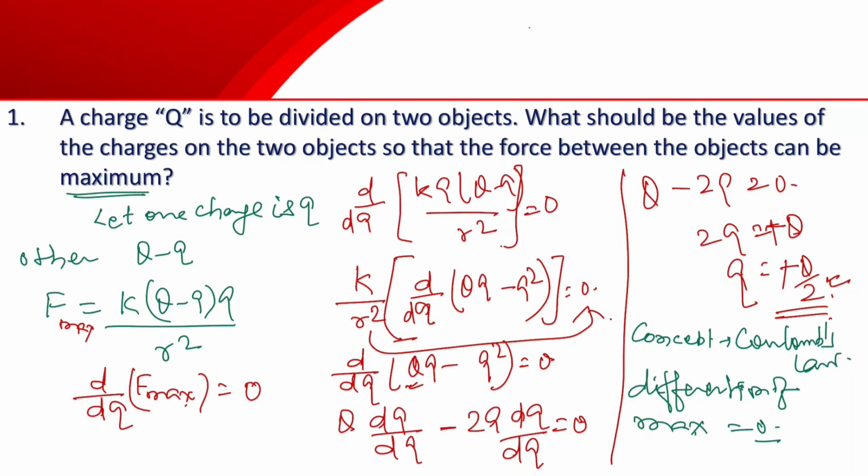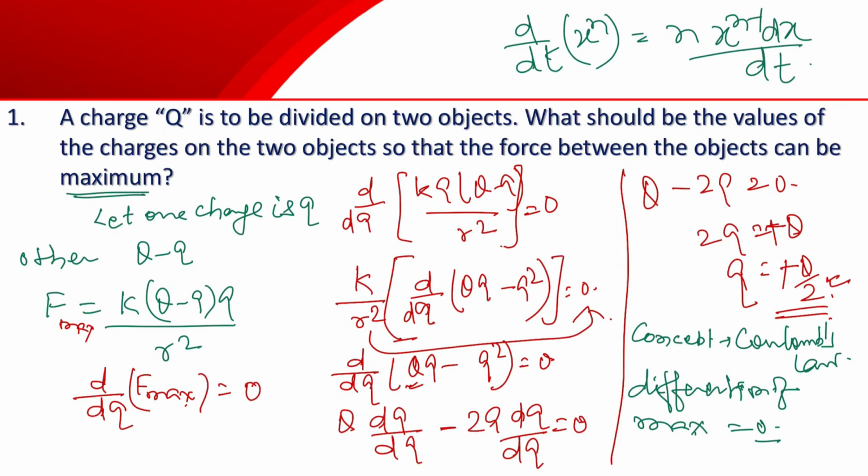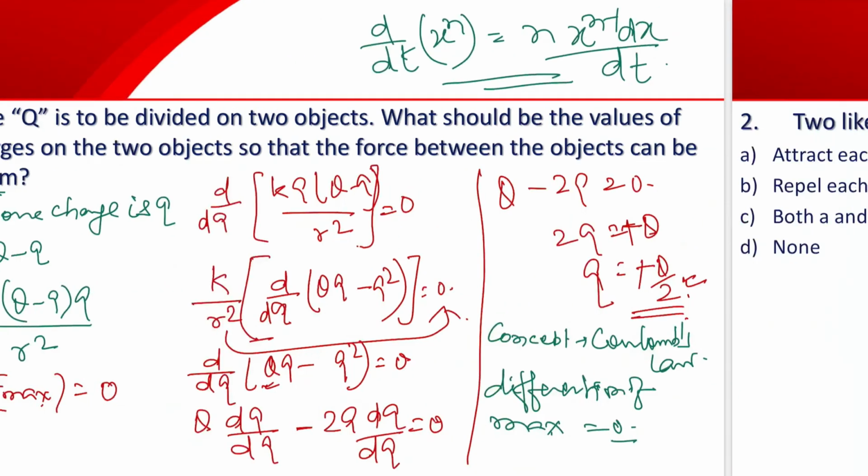And we have used one formula, that if we have to differentiate x to the power n with respect to time, we can write it as n x to the power n minus 1 dx by dt. We have used this formula to differentiate.